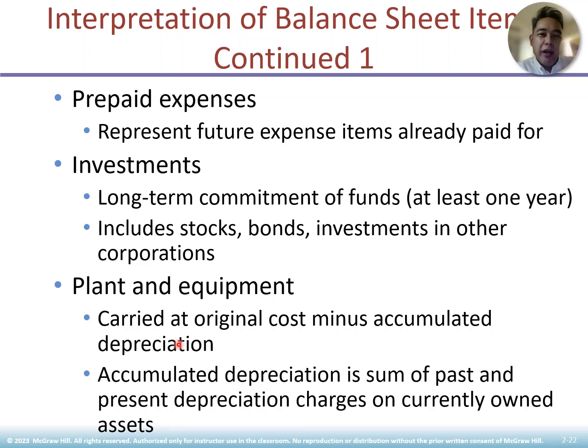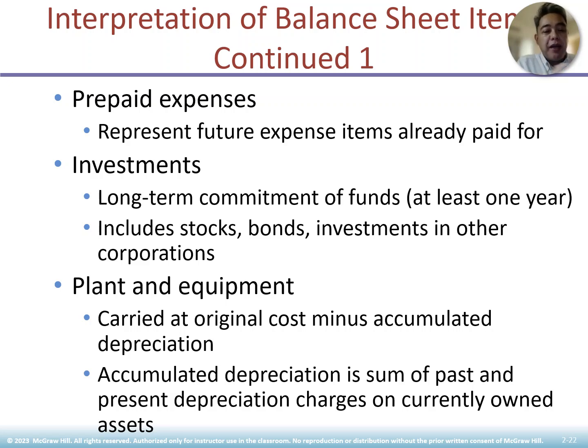So I need to correct myself: instead of saying the laptop was amortized, the laptop is depreciated, because laptops are tangible. I just wanted to make sure we are clear on the difference between amortization and depreciation.